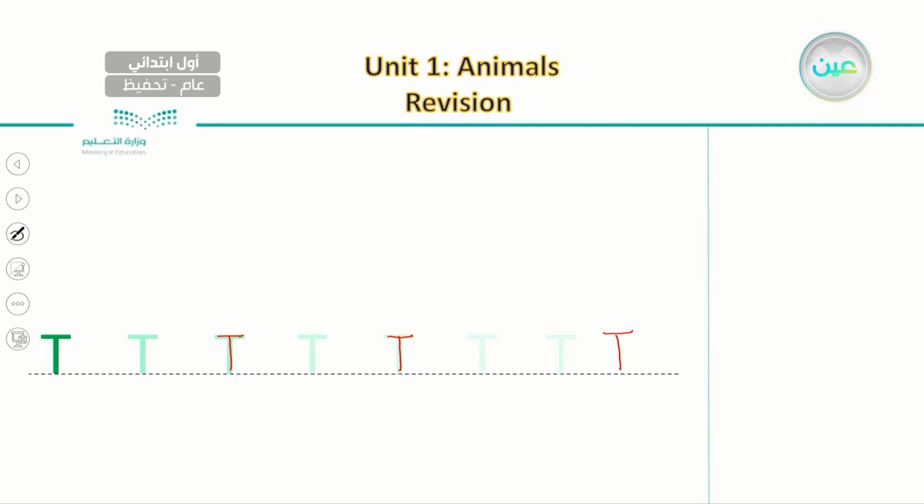We did this with letter S, with letter T, and also with letter U, where we traced letter U 7 times, maybe more, and then the final thing we did was write it on our own at the end.